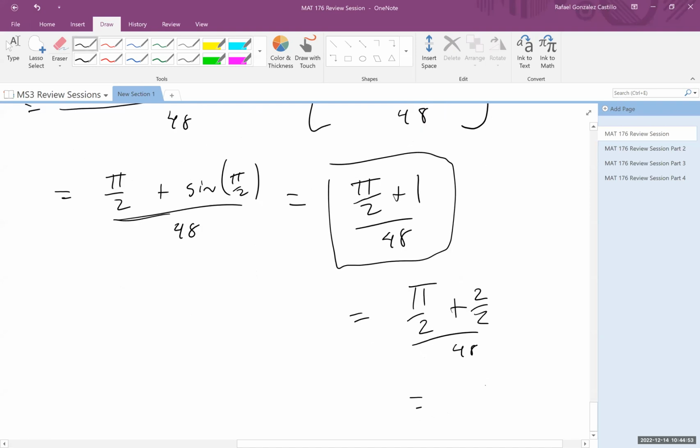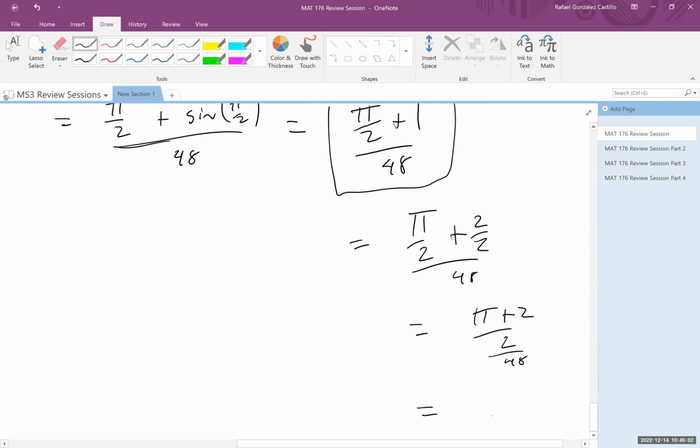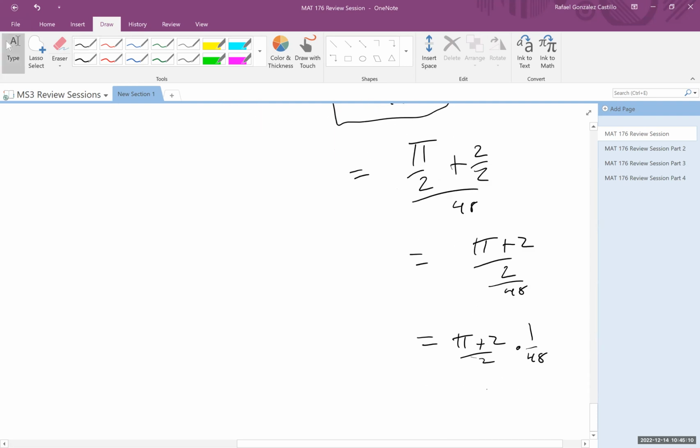And then you're going to get pi plus 2 over 2 over 48. And you can use the keep change flip method to solve this. So this is going to be pi plus 2 over 2 times 1 over 48. And you're going to get pi plus 2 over 96. And that should be the final answer after you simplify.